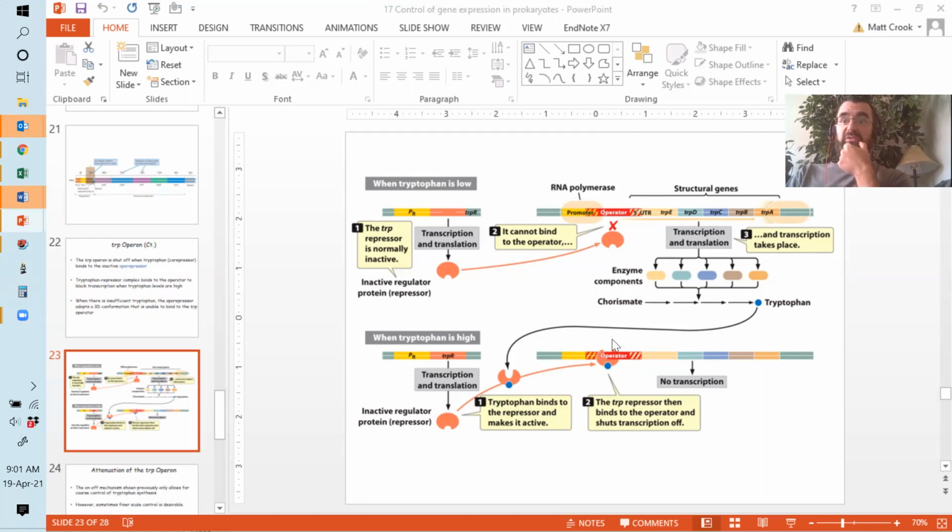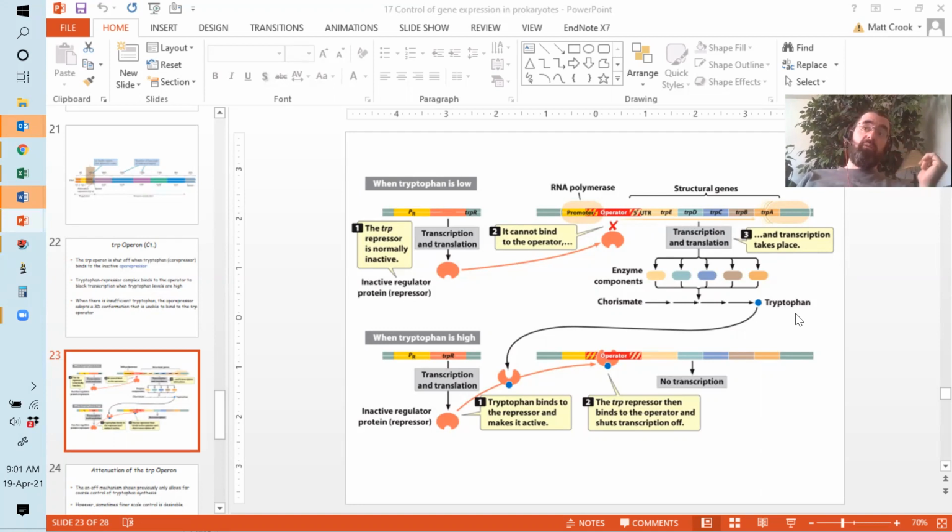That's the whole purpose, from this substrate called chorismate. And this tryptophan, once it gets to levels that are high enough, now this isn't an intermediate level, right? So as soon as tryptophan starts being produced by the products of the trp operon, it doesn't shut down expression, right? Because levels are still pretty low.